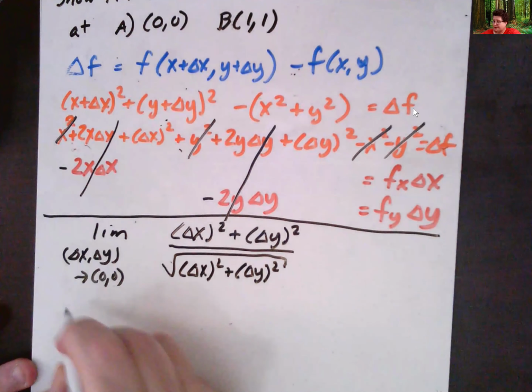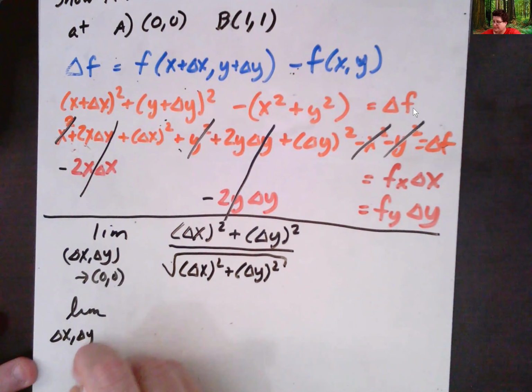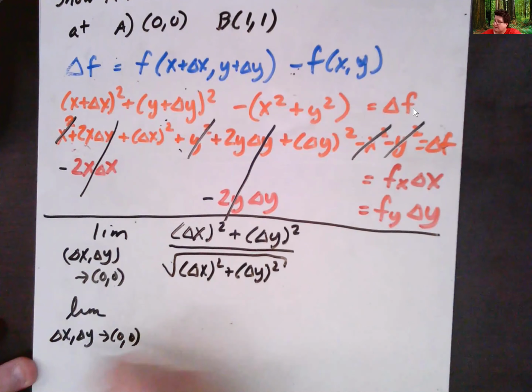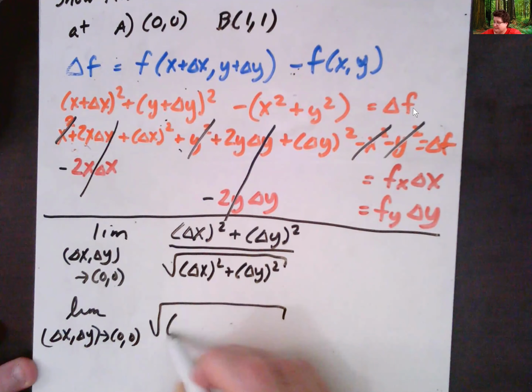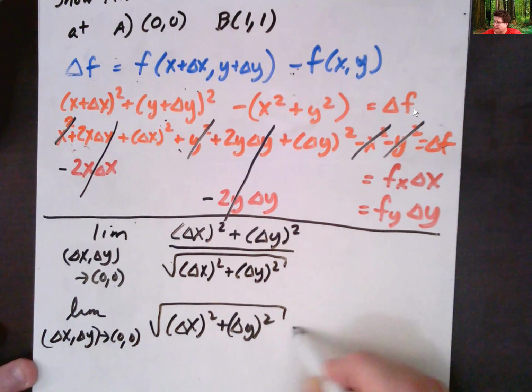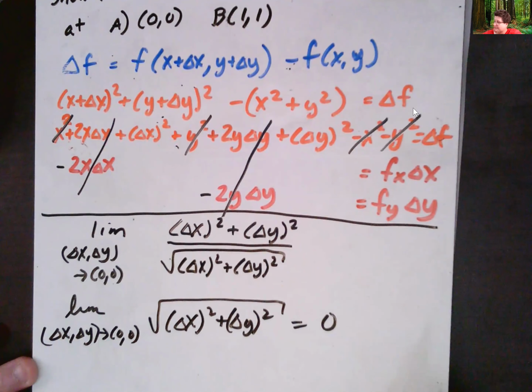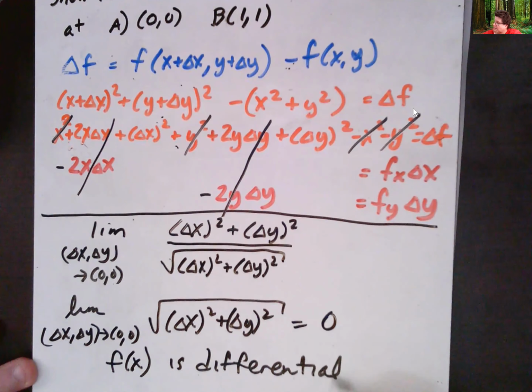Which just cleans up to the limit as delta x, delta y goes to 0, 0 of the square root of delta x squared plus delta y squared. We have no problems plugging in 0, 0 here. We get the limit is 0. So f of x is differentiable at 1, 1 or 0, 0.